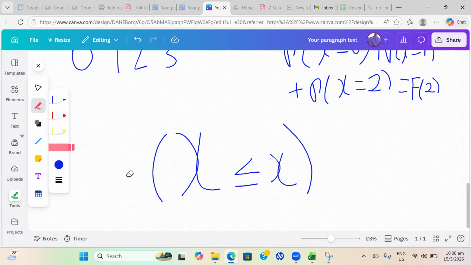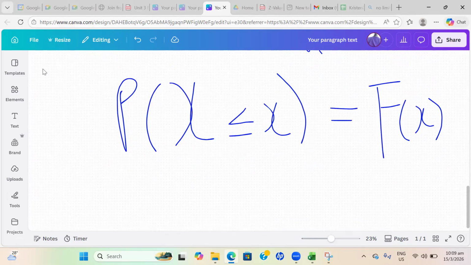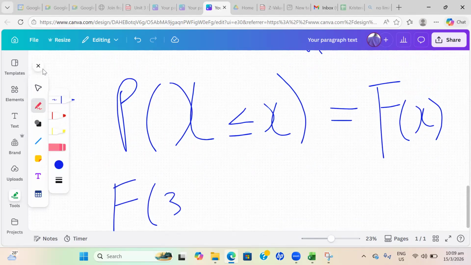I hope this table was good for you. So the probability of x less than or equal to a certain value is equal to f of x. Let's say now we want to find f of 3. So f of 3 is all the probability values of x that come before 3, including 3. Cumulative means we're gathering them together. It stems from the word accumulate.